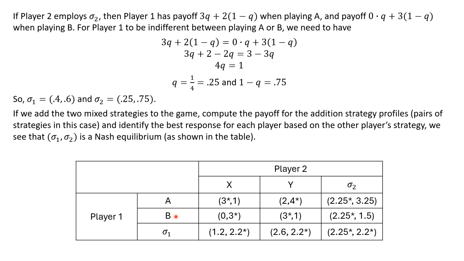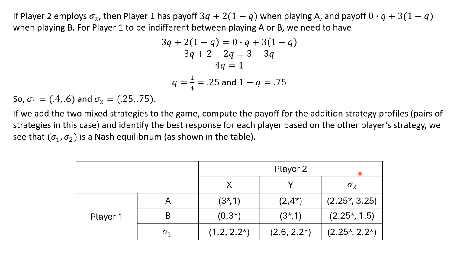And then we go down to the other option. If player 1 plays B, then it would be 0 times Q, so we don't even have a first term, and then plus 3 times 1 minus Q. That's this term here. So these two. And then again, it's just basic algebra. We solve for Q and we get Q equals 1/4 or 0.25. 1 minus Q is 0.75. So now we have the probabilities for sigma sub 1 and sigma sub 2.